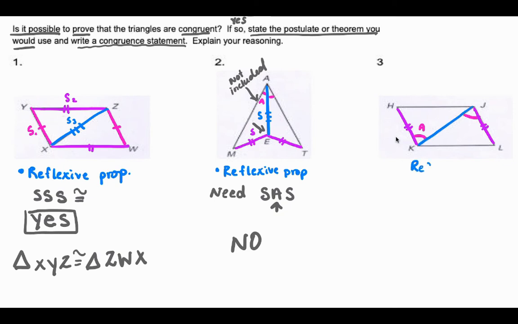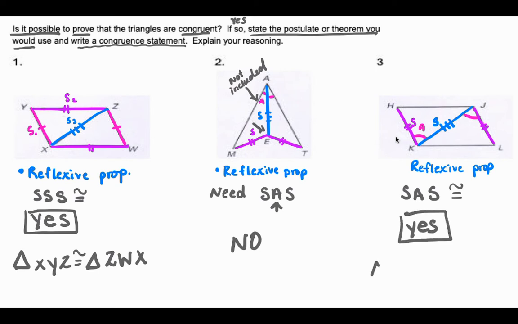So just like the two previous questions, we can use the reflexive property to get that side is congruent to itself. So now if we look, I have a side connected to the angle, which is connected to my congruent side. So this time, when I look, my side is connected to the angle, which is connected to the other side. So we have side angle side congruence, and this one is a yes.